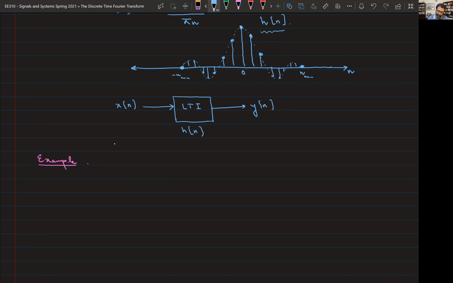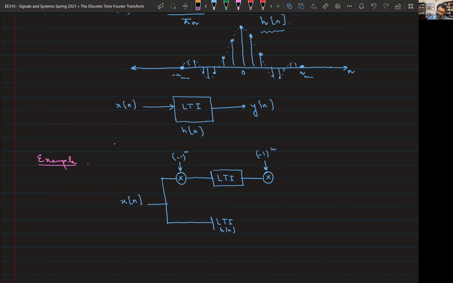Let's say you have a signal x of n, and that signal x of n is passed through the following system. What the system does is it first of all multiplies this with minus 1 raised to power n, and then it passes through an LTI system, and then another multiplication with minus 1 raised to power n, and here this is an LTI, which has an impulse response h of n, and this has the same impulse response h of n.